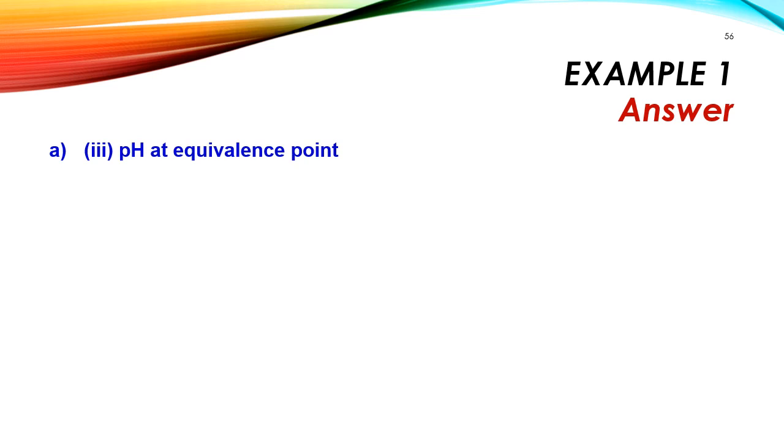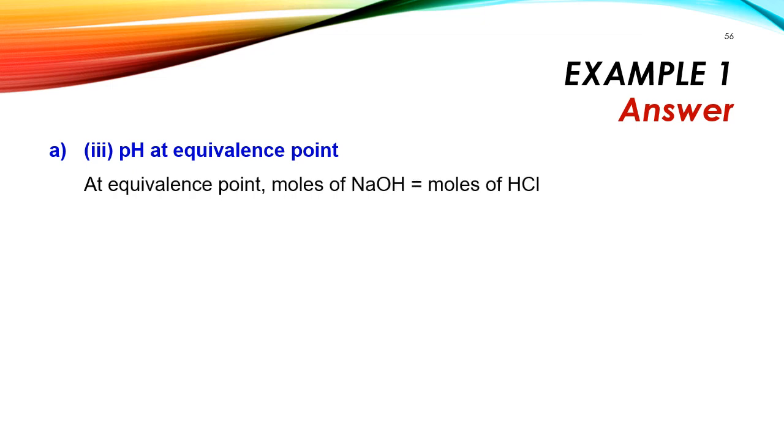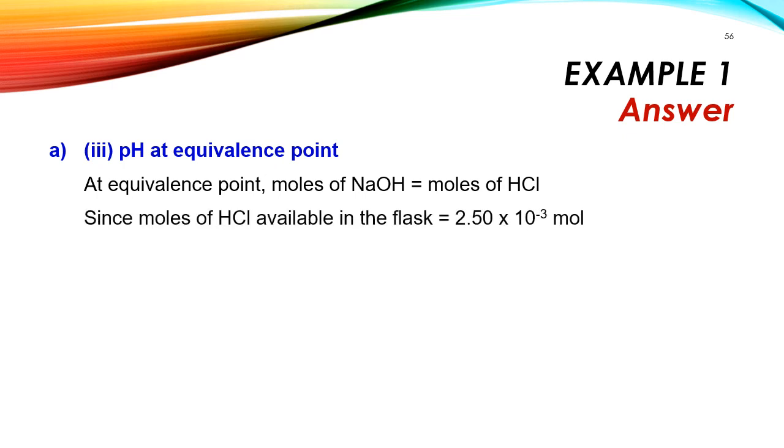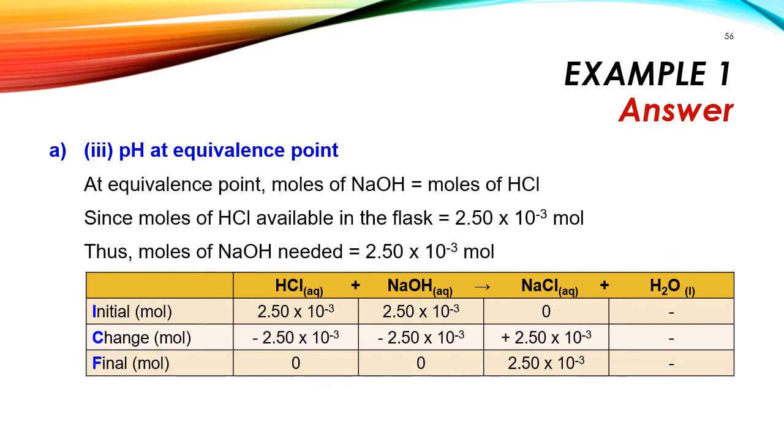Now, let's calculate the pH at equivalence point. At equivalence point, the moles of sodium hydroxide are equal to the moles of hydrochloric acid. Since the moles of hydrochloric acid available in the flask is 2.50 exponent negative 3 mole, the moles of sodium hydroxide needed must be equal to 2.50 exponent negative 3 moles. By using the ICF table, we can determine the final composition of the reaction.